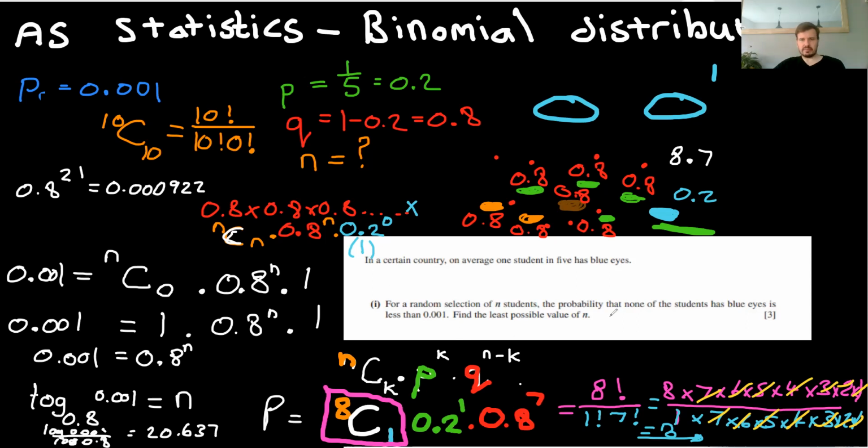Is that probability less than 0.01? Yes, it is, right? Does that make sense? So we do round down, as I said here. What's 0.8 to the power of 20?